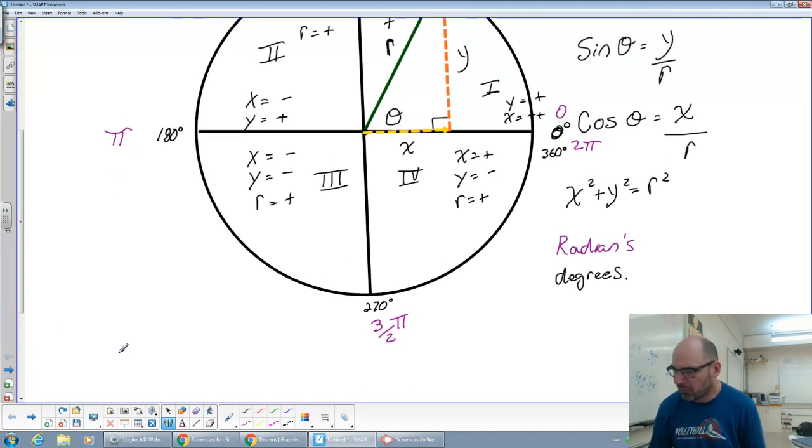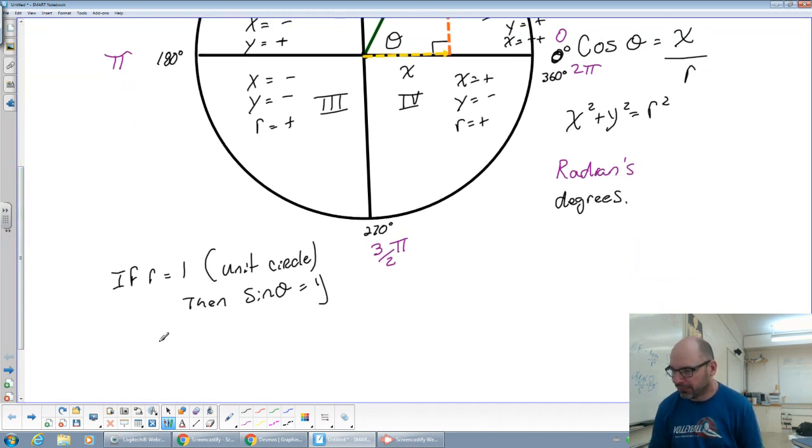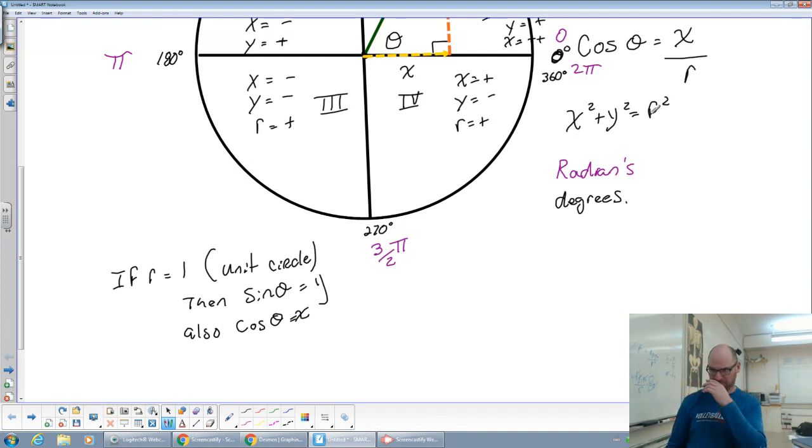Okay, if r equals 1, which is the unit circle, then sine is just the value of y, because it's y over r, right? And cos is just the x, because it's x over r. And if that's 1, anything divided by 1 is itself. So that's handy when we're using the unit circle, okay? Which we use quite a bit.